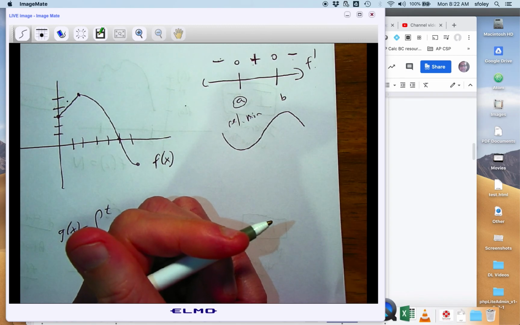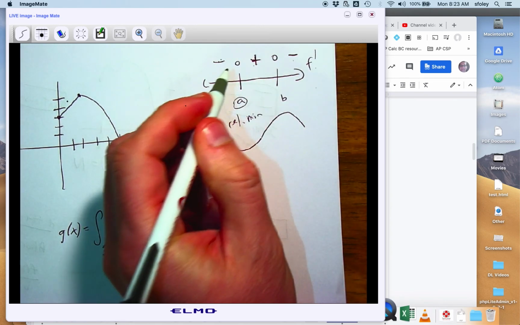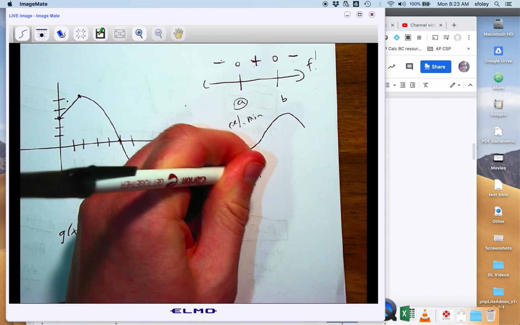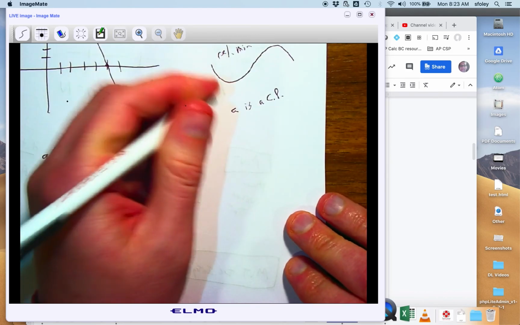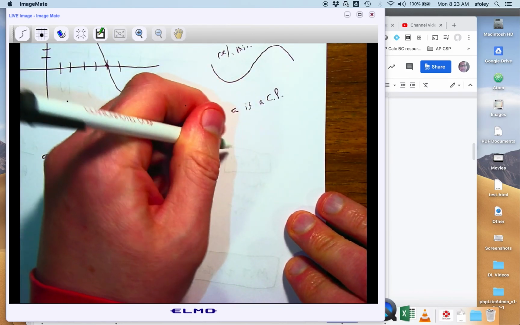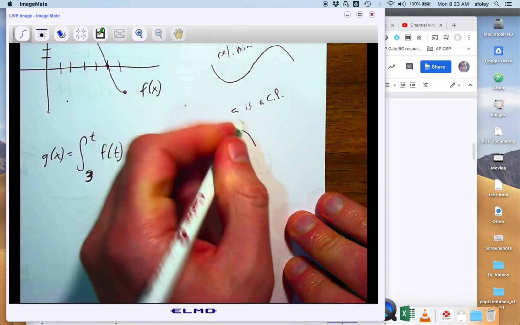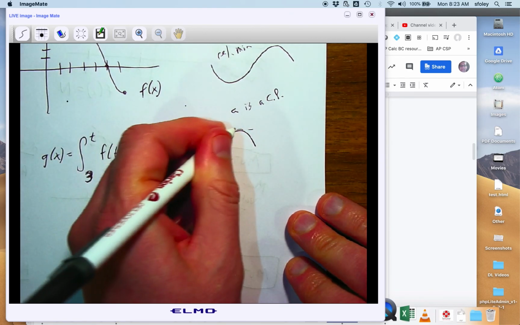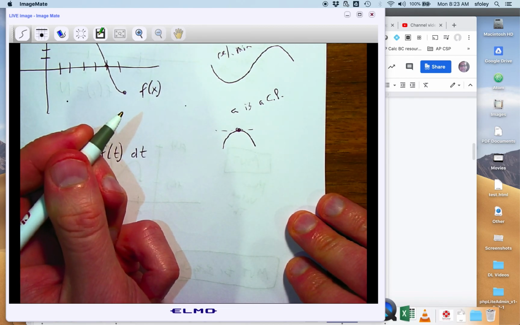The other thing to keep in mind is sometimes you don't have enough information to make this full number line, but you do know you have a critical point. So maybe A is a critical point, but you can't make that full number line. In that case, you can often use the concavity to tell whether you've got a max or a min, because if you've got a critical point and the graph is concave down at that critical point, the picture tells me, oh, that must be a maximum.